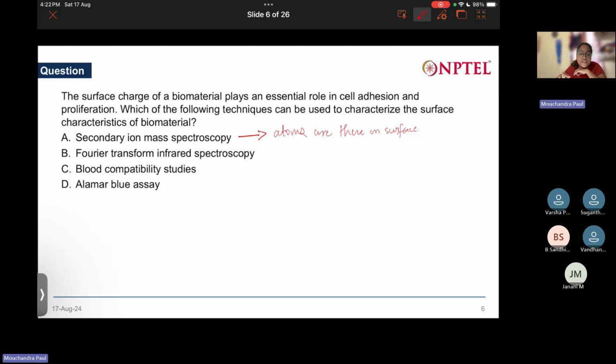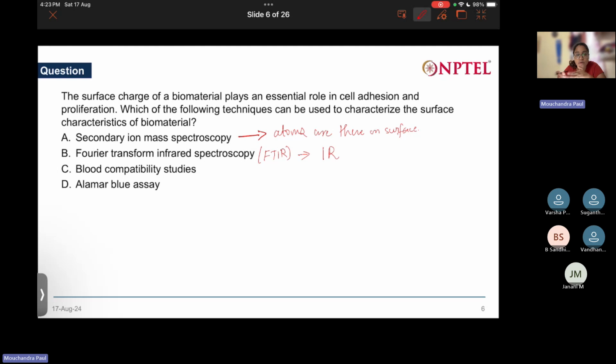Then Fourier transform infrared spectroscopy, in short it is called FTIR. In this technique, we first apply infrared radiation on a molecule. What this infrared radiation does is cause vibration in bonds.